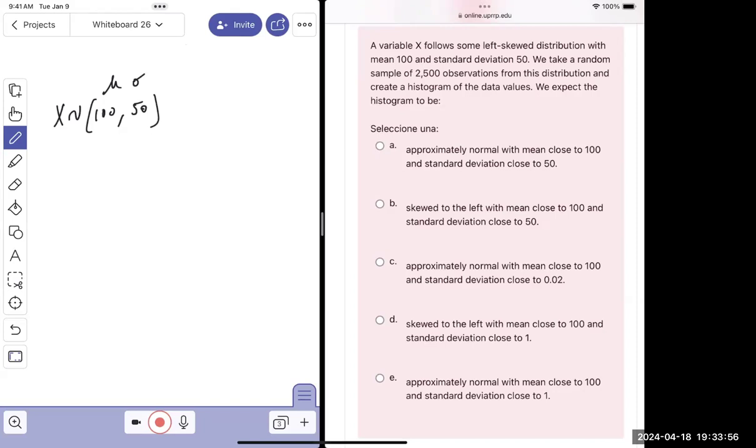So we take a random sample from there of 2,500, and we make a histogram. So we draw randomly 2,500 observations and make a histogram. What do we expect to see?